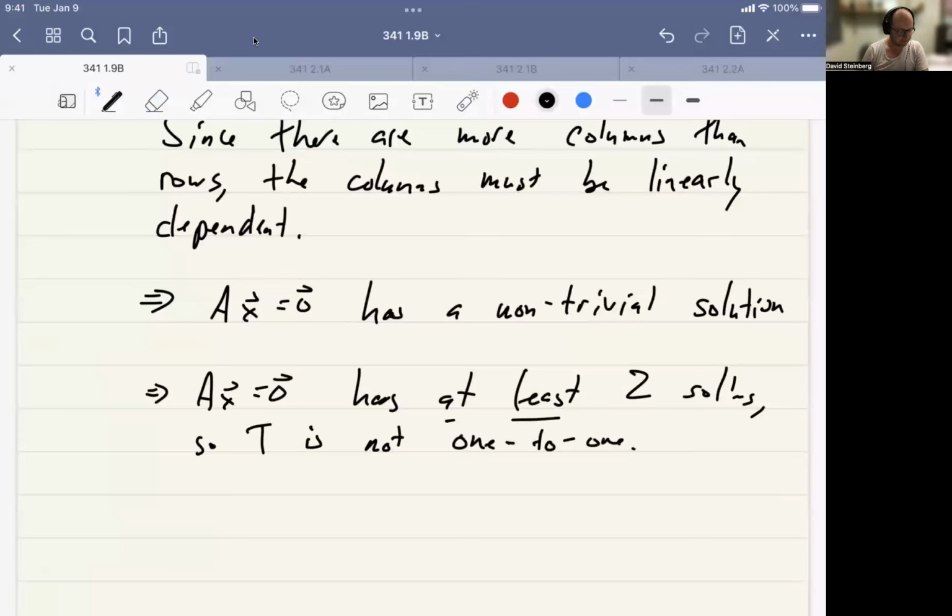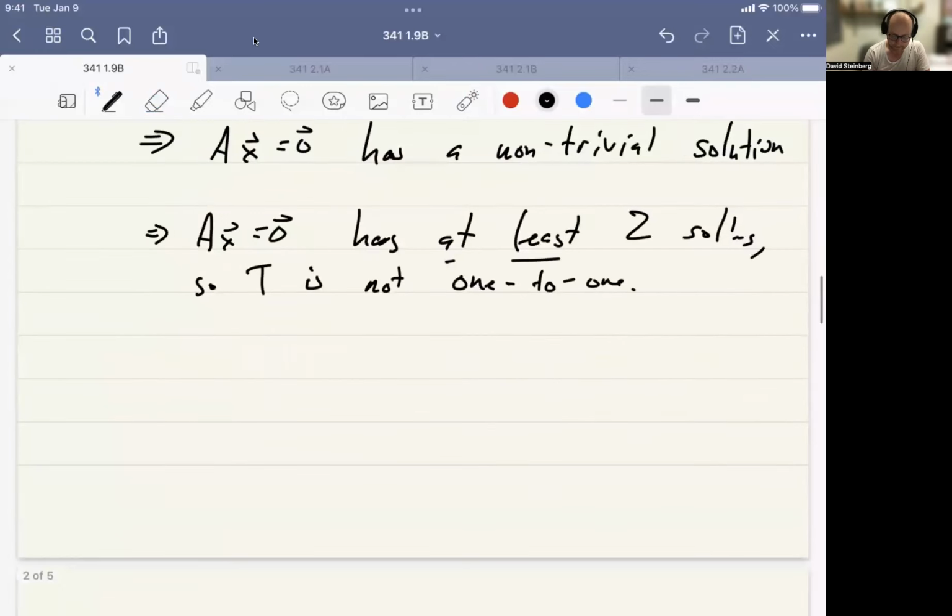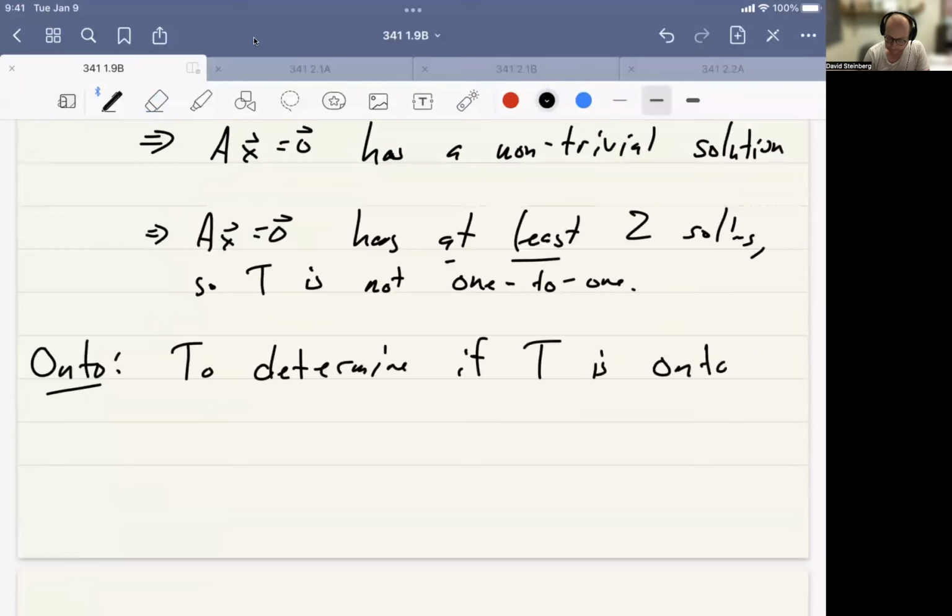Now let's check and see if T is onto. To determine if T is onto, we want to set up the equation AX is equal to B for an arbitrary B, and see if that linear system is solvable.